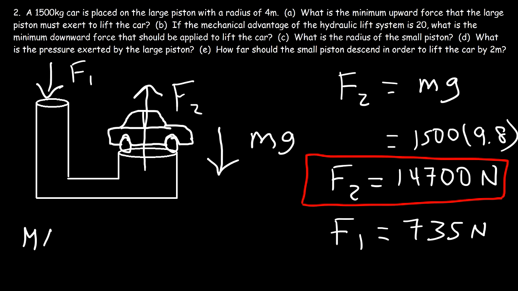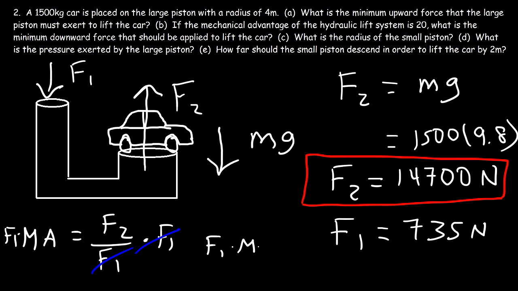For those of you who want to use an equation to get the answer, here's what you need to do. The mechanical advantage is the ratio between the output force and the input force. So we're looking for F1. So first let's multiply both sides by F1. So F1 times mechanical advantage is equal to F2.